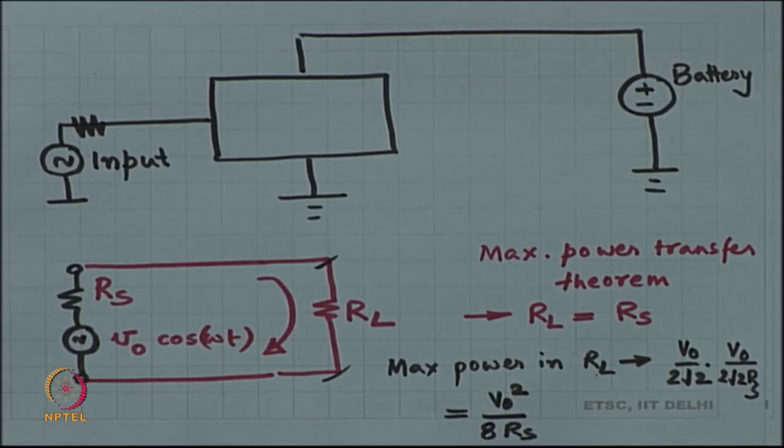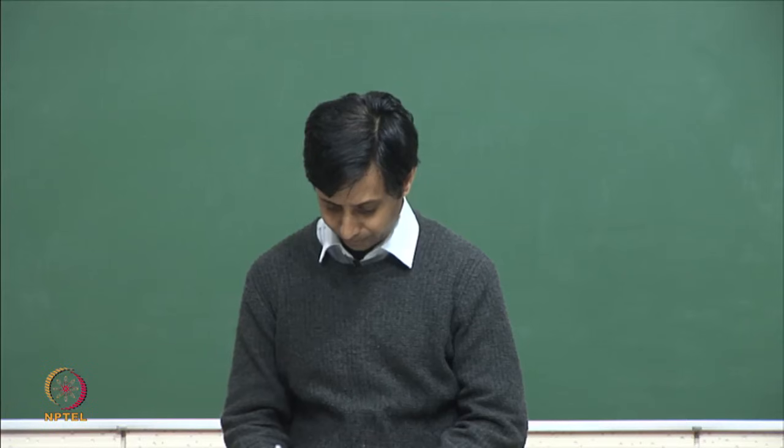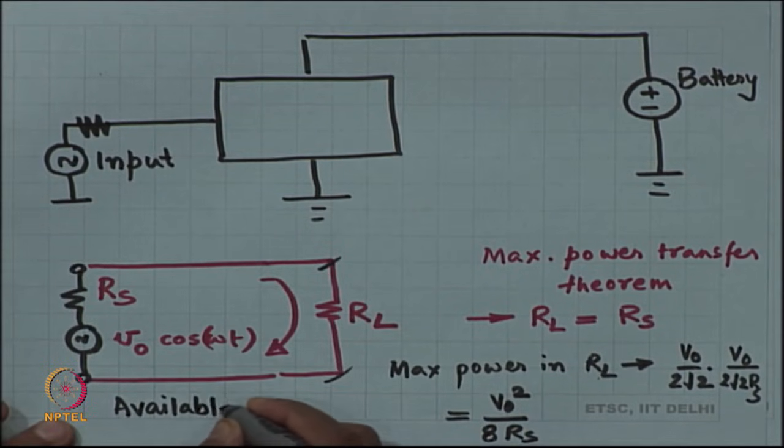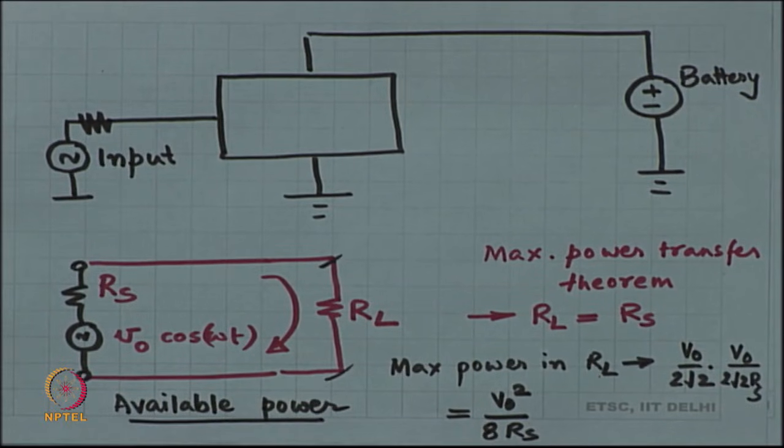If V naught had been the RMS already, okay. So, if your amplitude is V naught, then the maximum power in R L is V naught squared by 8 R s. So, this is also called the available power. So, the available power in that sensor is limited.